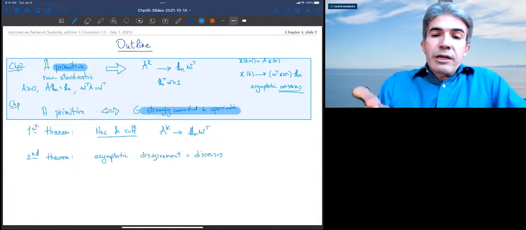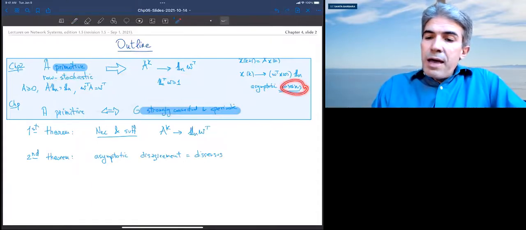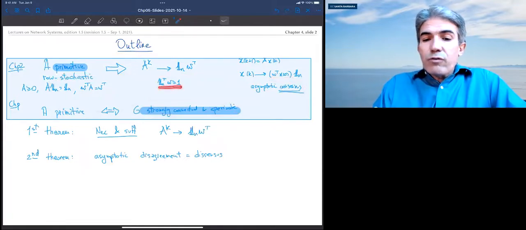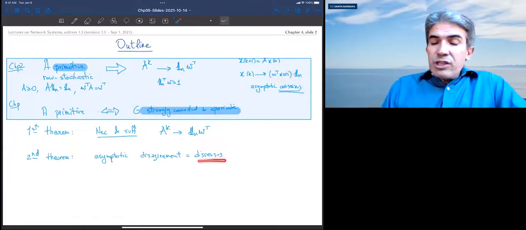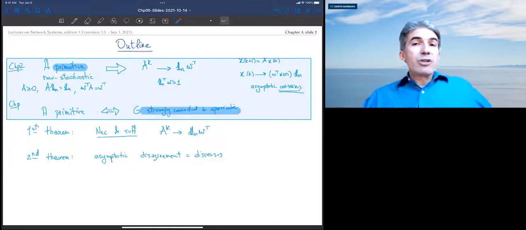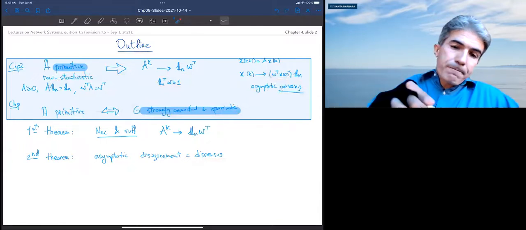In the consensus case, the value to which the final opinion of everybody converges is w transpose x at 0. w is a vector of convex combination coefficients, so this is a convex combination of the initial opinions. Even in dissensus, you will see that final opinions are convex combinations of the initial opinions, but they're not all equal to each other.